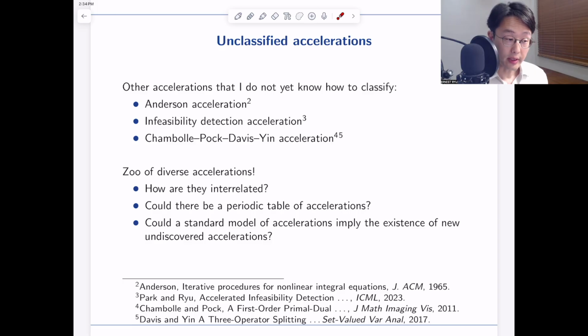So if they are interrelated, then perhaps could there be a periodic table of accelerations? Maybe there is a standard model of accelerations that implies the existence of new undiscovered accelerations. By studying these phenomena together as a collection, as a zoo, maybe there are insights that we can extract that would otherwise be very difficult to extract if we were to look at one acceleration at a time.